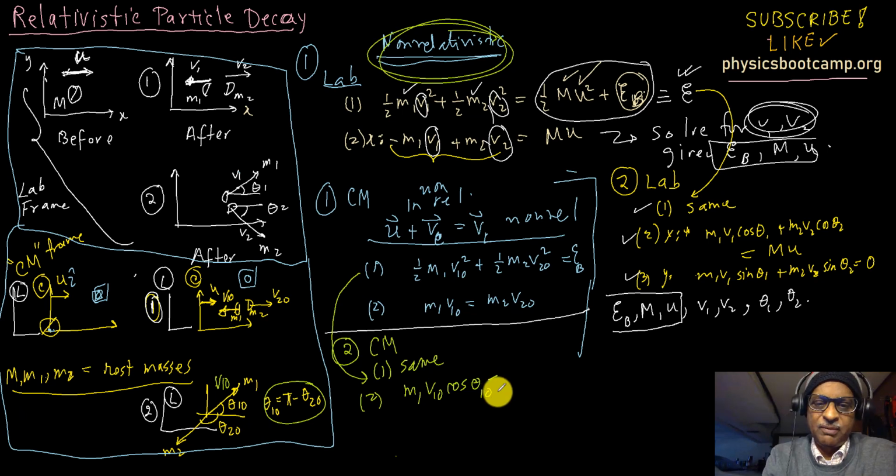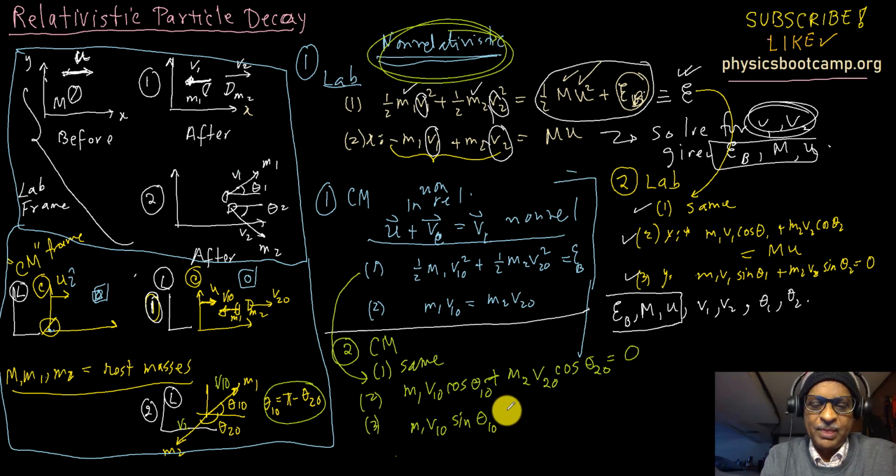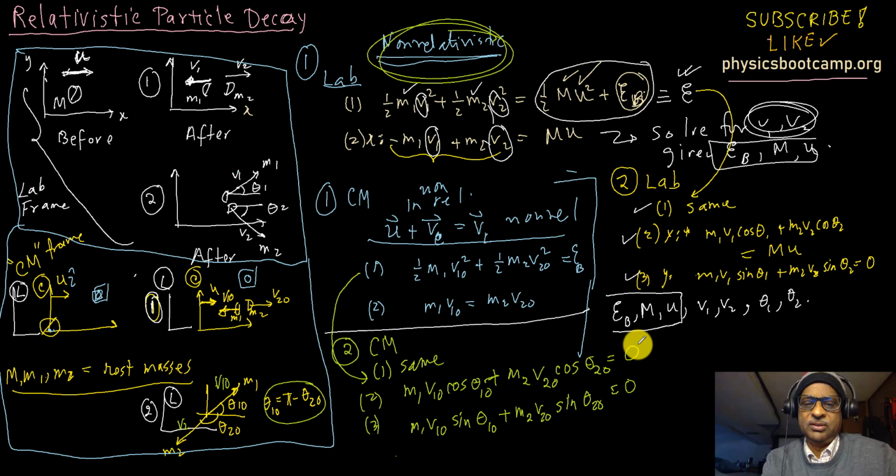Plus m2 v20 cosine theta 20 must come out 0. That's the x, and the y will be m1 v10 sine theta 10 plus m2 v20 sine theta 20 equal to 0.